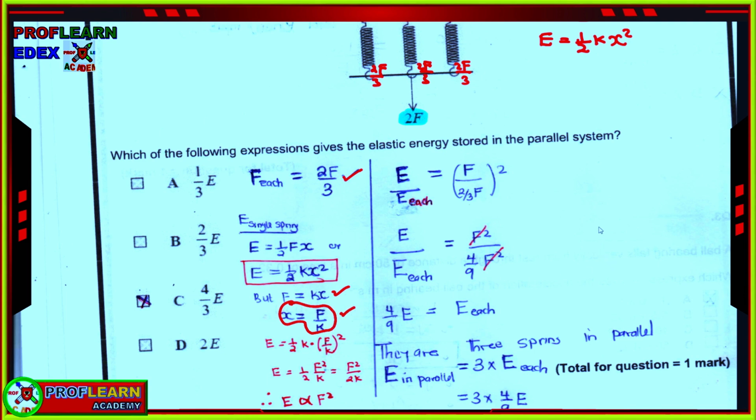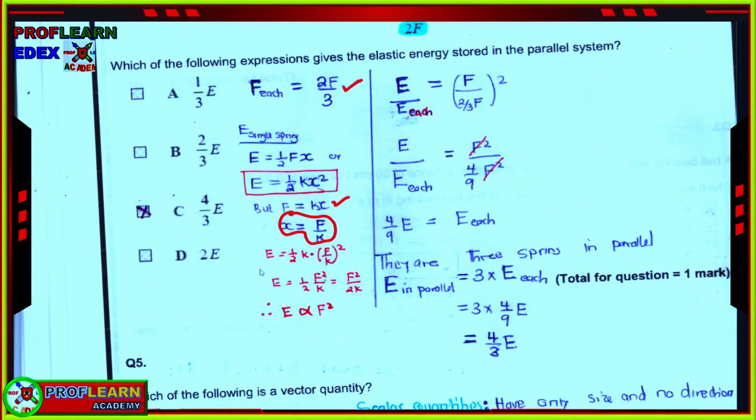Okay, if we are together, let's move to the next part. Using this equation that we had highlighted here, and we have said extension is actually F over K, we can say energy equals a half K times, instead of x squared, we replace this.